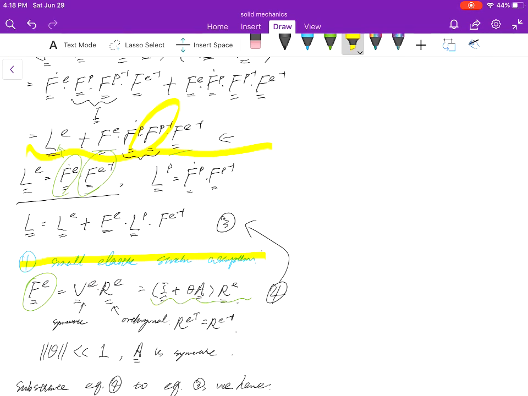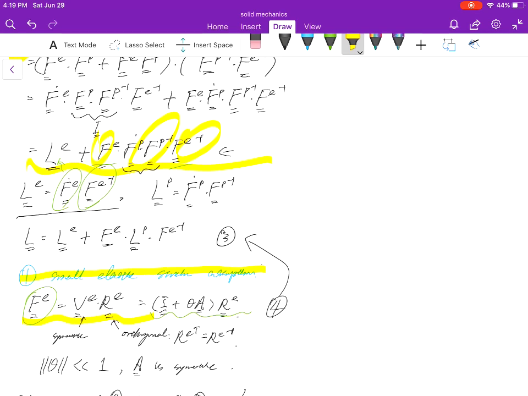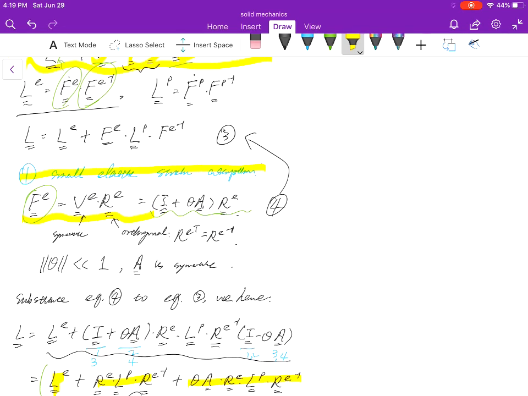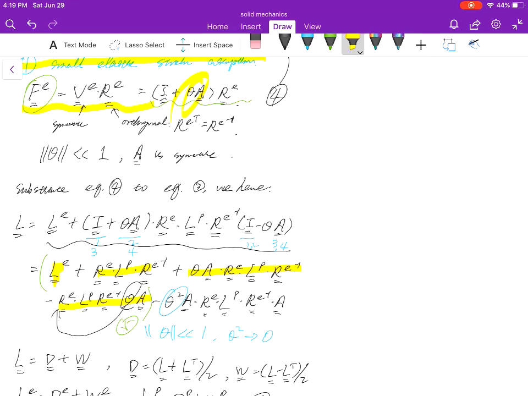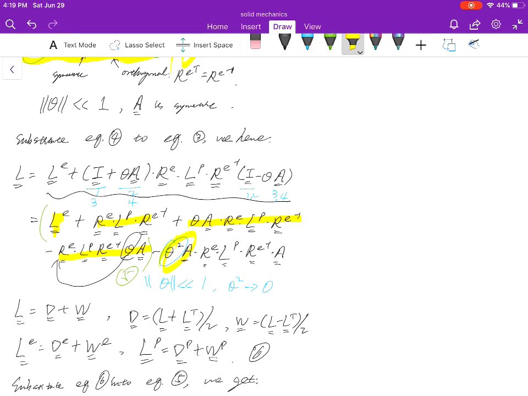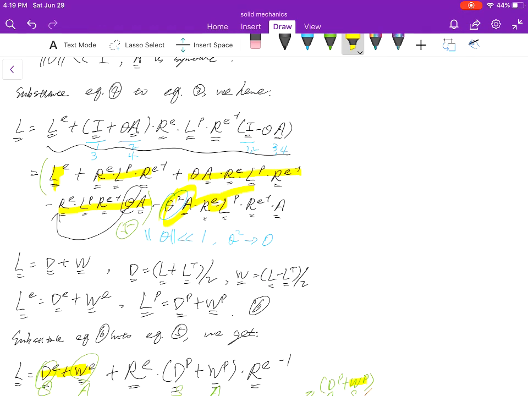So we write this polar decomposition. By using polar decomposition, we write out the deformation gradient tensor. Once we write this out, we can explicitly show that this is the elastic strain, and by using the small elastic strain assumption, we can ignore this higher order term. With this ignored, we just focus on the rest of the equation.